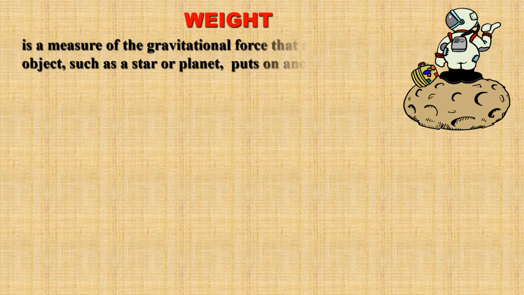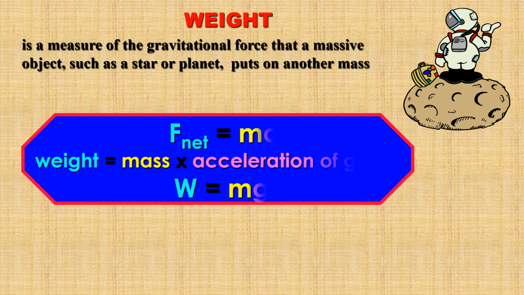Weight is a measure of the gravitational force that a massive object, such as a star or planet, puts on another mass. From the second law of motion, F net equals mass times acceleration, our F net in this case becomes the weight, mass is still mass, times the acceleration a becomes the acceleration of gravity.